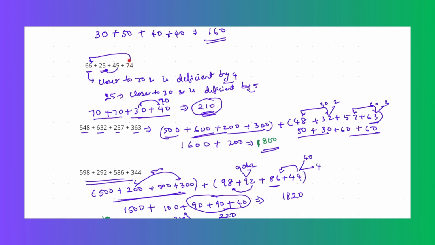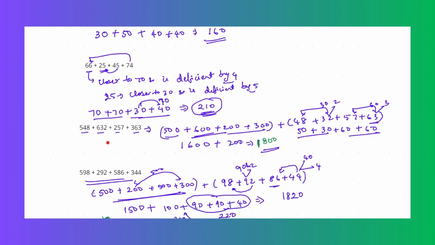You can take 4 from 74 and give it to 66 and make it 70, and 74 also becomes 70. And this 5 can be taken from 45 and given to 25, making it 30 and 45 becomes 40. So on the whole, the addition becomes 70 plus 70 plus 30 plus 30. 30 plus 40 we know is 70, so 70 is written 3 times. 70 three times is nothing but 210. I hope it is clear.